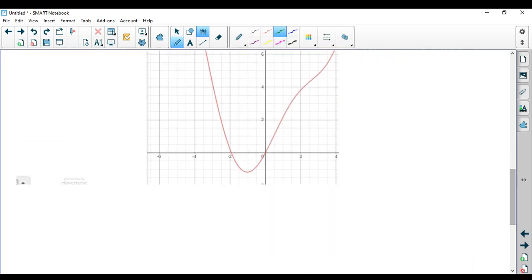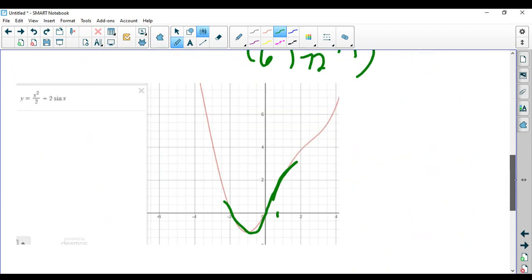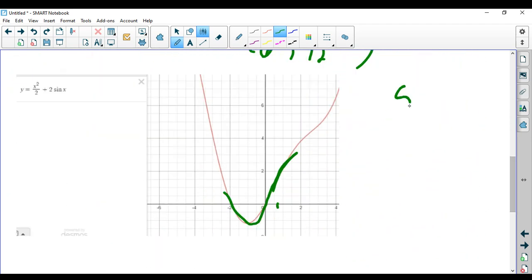If you look at the graph at 1/2, which is right here, do you see how it goes from concave up to concave down there? And then 5 pi over 6 is like 5 times 3 over 6, which is like 15 over 6, about 2-ish, between 2 and 3. It goes back to concave up, and that's the case.